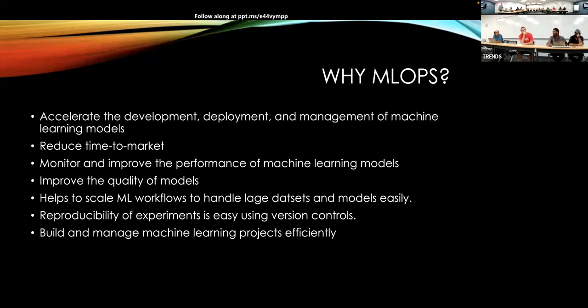It is easy using version control. We need to replicate a previous experiment by just mentioning the version. You can reproduce these experiments. In short, it is easy to build and manage machine learning efficiently by using MLOps.